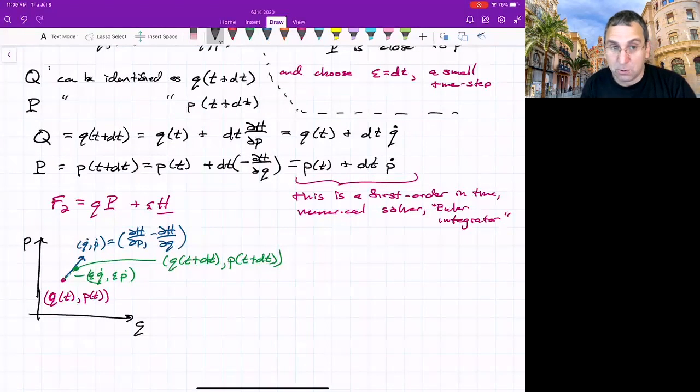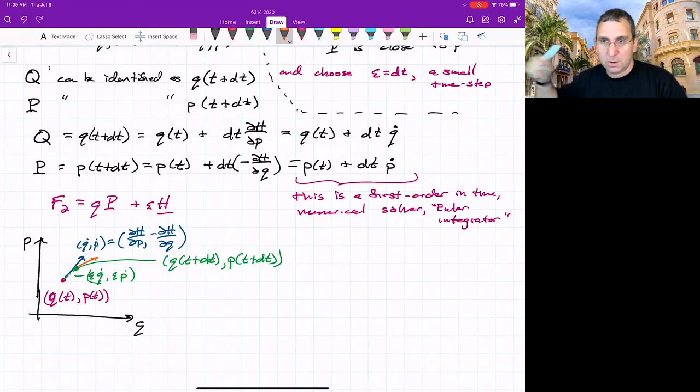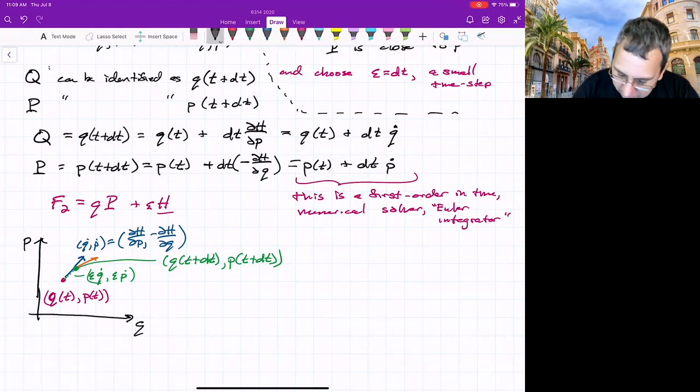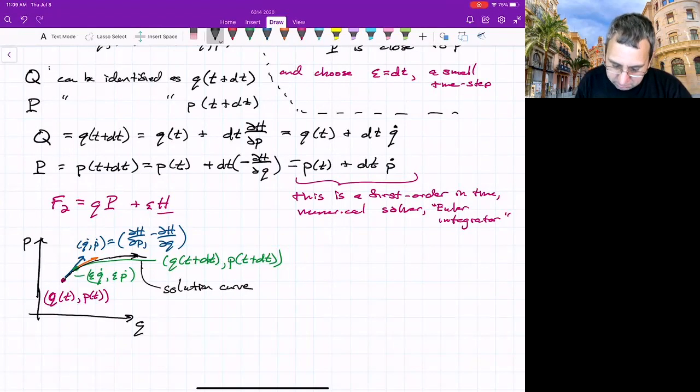Now at this point, the vector corresponding to q dot and p dot is slightly different. And that's just how an Euler solver works. It just keeps going. And if you connect all those points, you'll get some kind of solution curve to your Hamiltonian, passing through that initial condition.